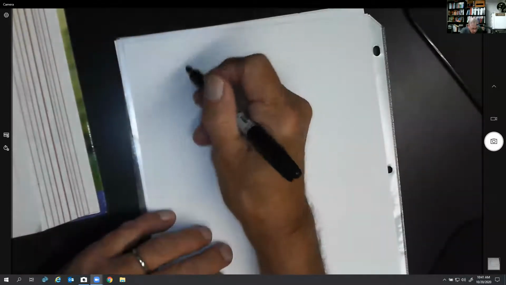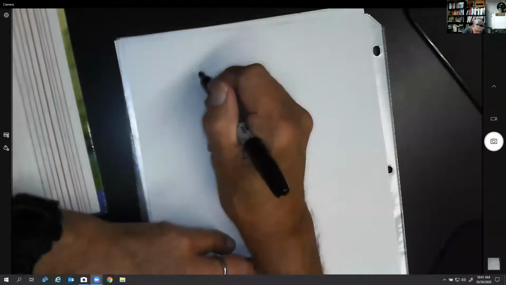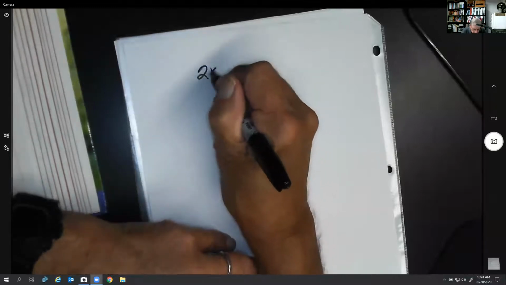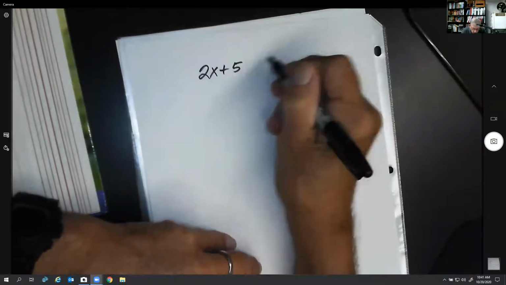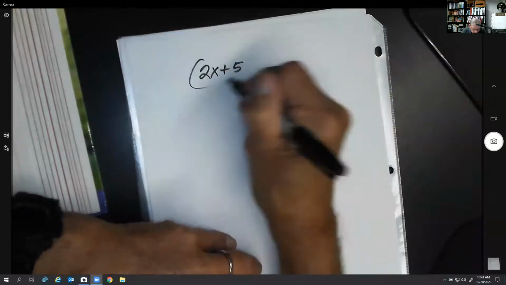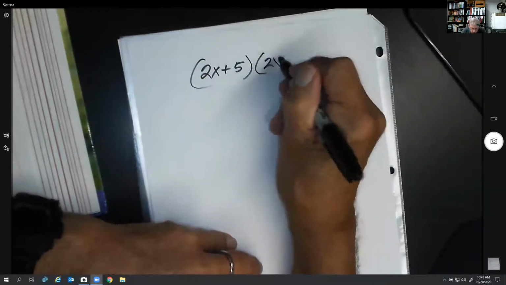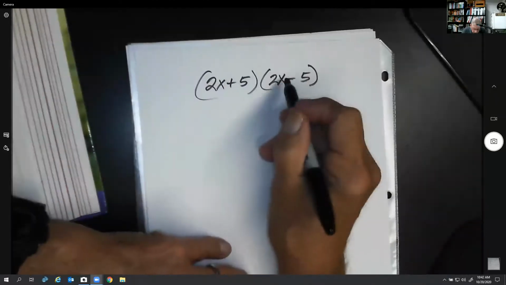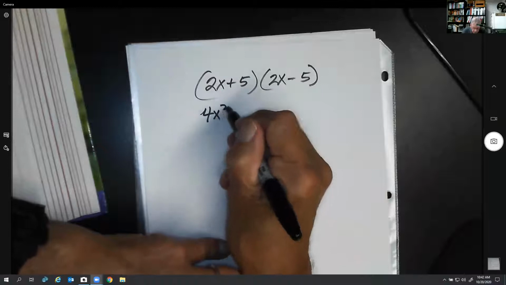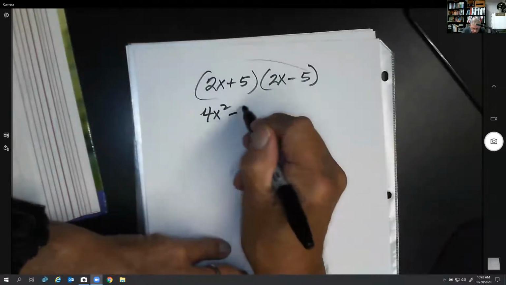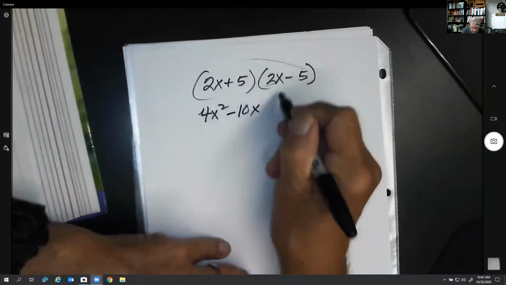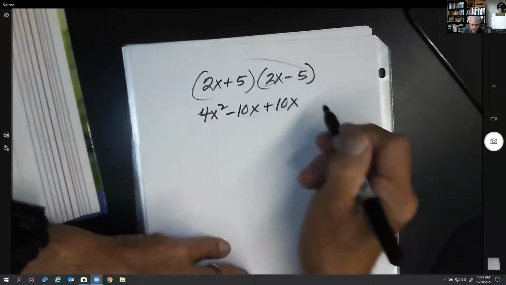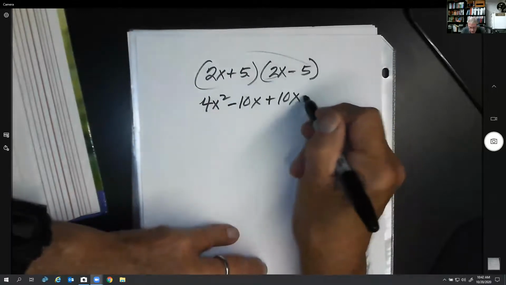Okay. The other pattern I noticed was this one. You had a 2x plus 5, but instead of a 2x plus 5 times a 2x plus 5, you had a 2x minus 5. Well, let's do the FOIL on this and see what we get. We get 4x squared, outside minus 10x, inside plus 10x, last term times last term minus 25.